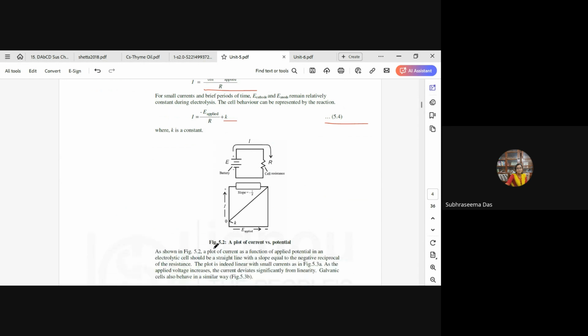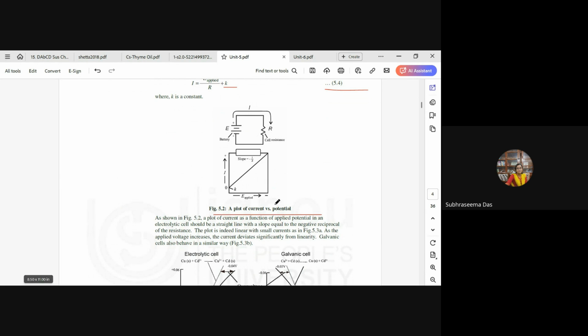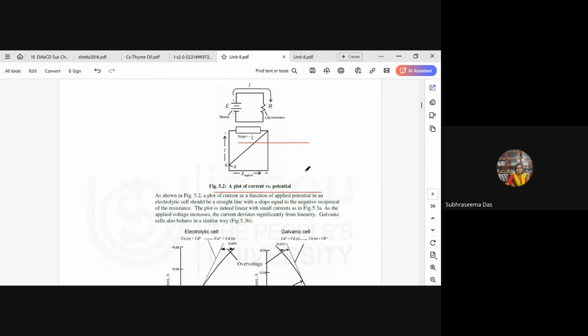Then in figure 5.2, we see a plot of current versus potential. This is an IE curve, shown as a function of the applied potential in an electrolytic cell. It is a straight line and the slope is equal to the negative reciprocal of the resistance, that is, slope is equal to minus 1 by R. So this plot is linear with small currents.